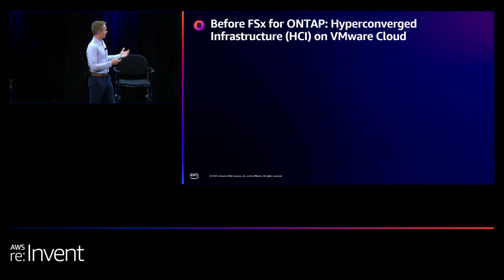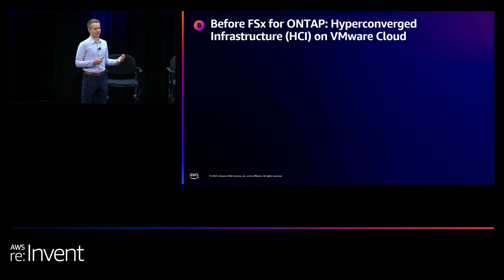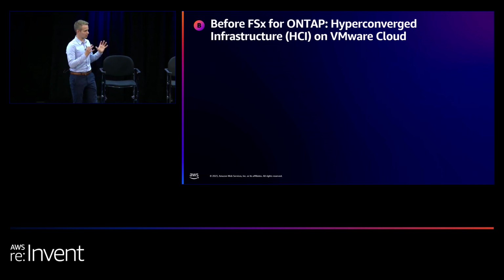A few years back, VMware Cloud on AWS offered what we called a hyper-converged infrastructure deployment. What this means is that all of the VMware compute nodes that you could deploy had storage built into them. So when you would buy compute or RAM or storage, those would all come as one building block.